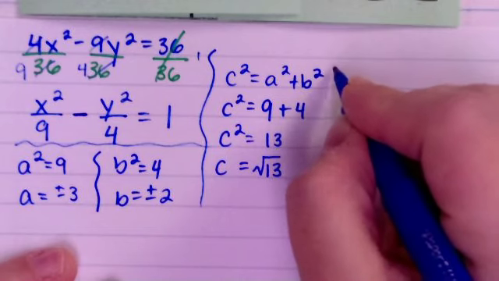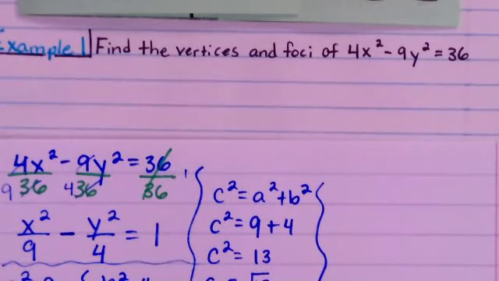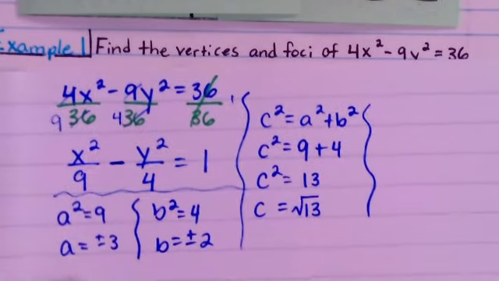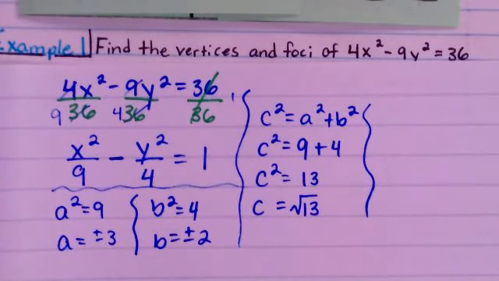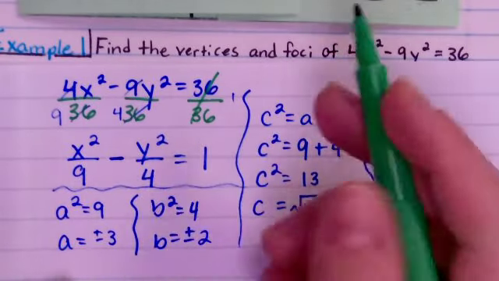So again, the question had said to get the vertices and the foci. In order to get vertices, I need A. In order to get foci, I need C. I also should know where the center is. Can we tell? Looking at this equation, I don't see anything added or subtracted in the top of my fraction.